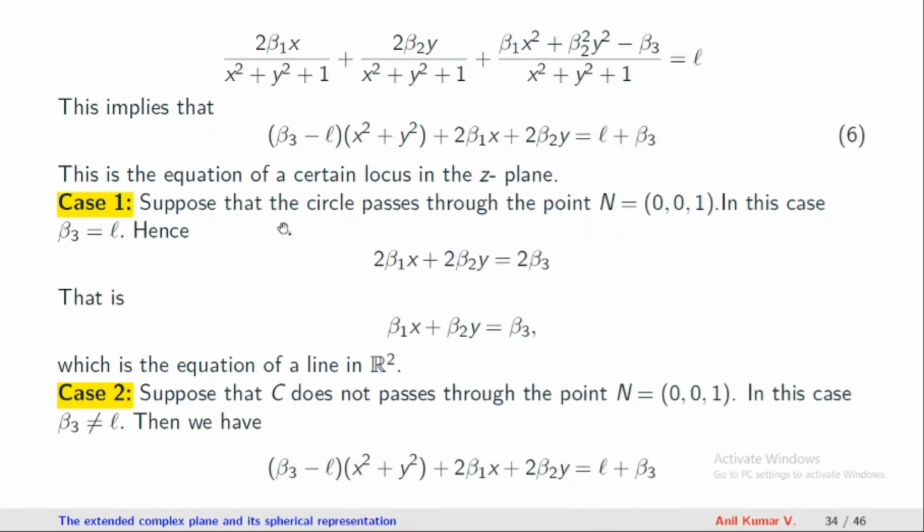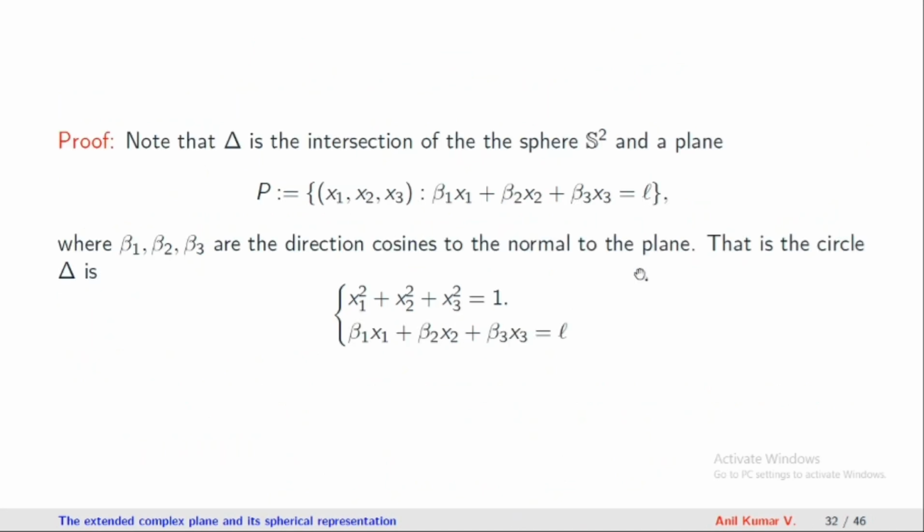Case 1. Suppose that the circle delta passes through the north pole 0, 0, 1. If the plane passes through the point 0, 0, 1, then we get this is 0 and this is 0 and S3 is 1.